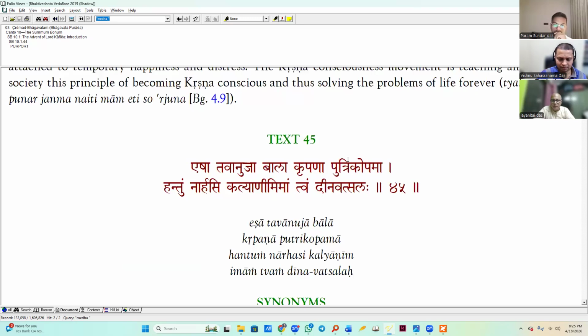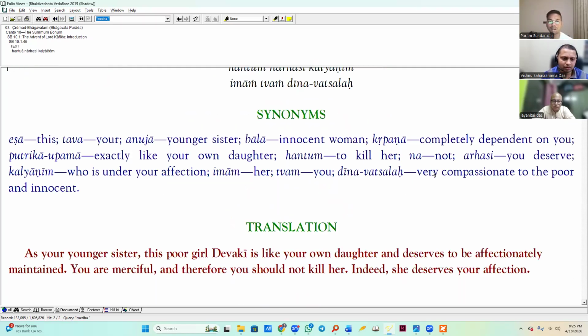Esha. Tava anuja. So Vasudeva is saying to Kansa that this is your younger sister, Anuja, younger sister. Bala, she's just Bala, means innocent woman.